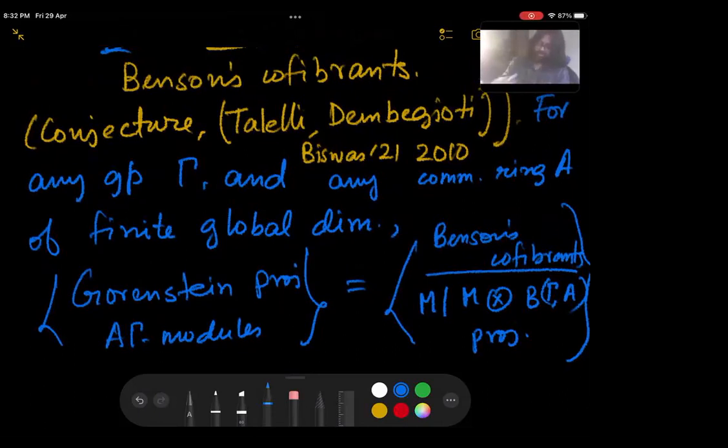Whereas when you're talking about all modules M such that M tensor a specific module is projective, that category is somewhat easier to handle from all sorts of perspectives. If you're thinking about computing these modules in Magma or some other coding language, then this class is easier to deal with. And also for all sorts of homological tricks, if you're tensoring with something that is A free, then lots of things are preserved. B gamma A is A free, as I just mentioned.